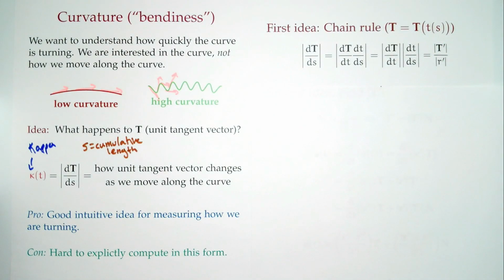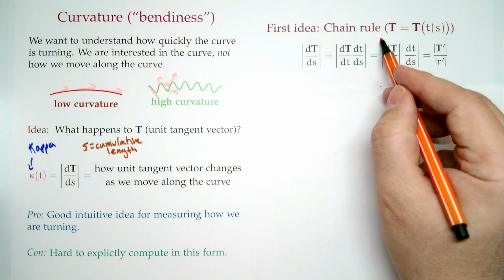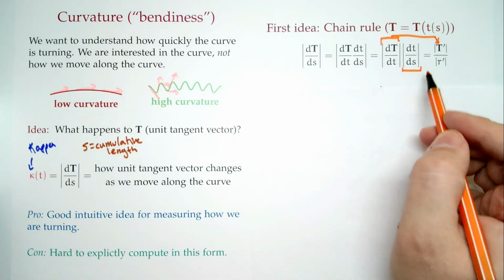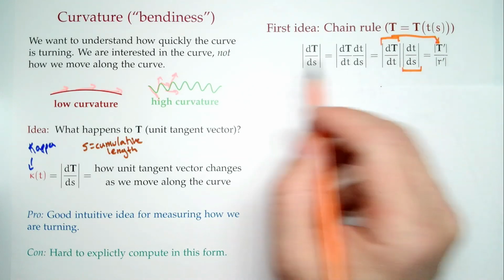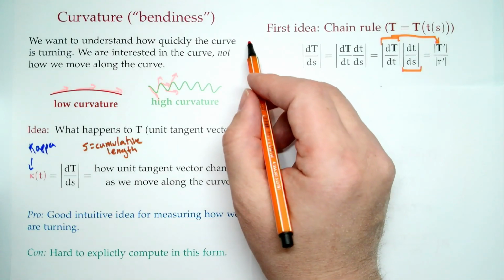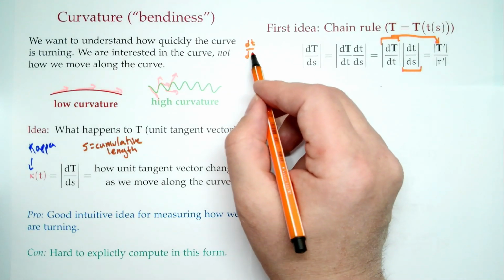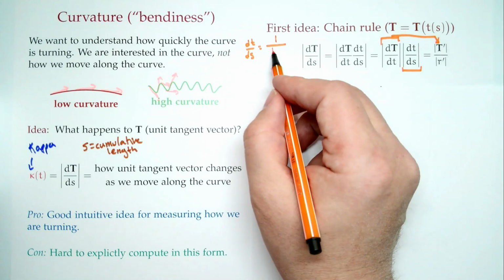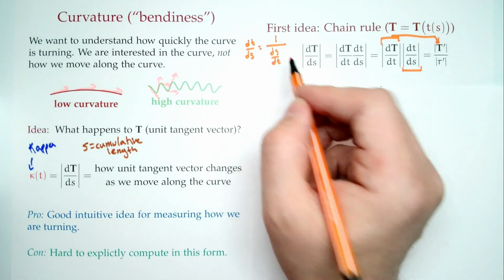All right, what about the second one? Well, that's a little more subtle. Again, the first part goes to the numerator. The second part, we can think of in the following way. If I want dt/ds, it turns out that's 1 over ds/dt.